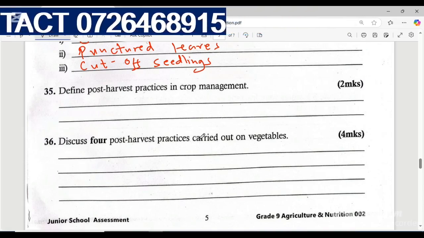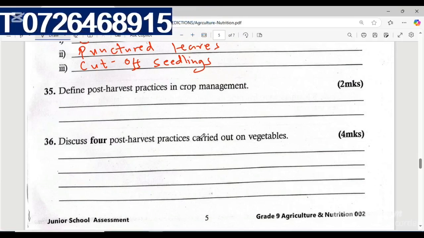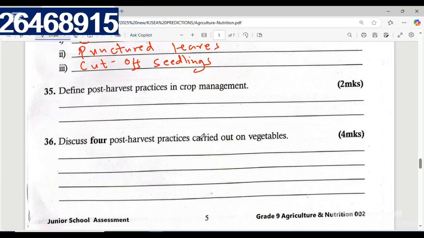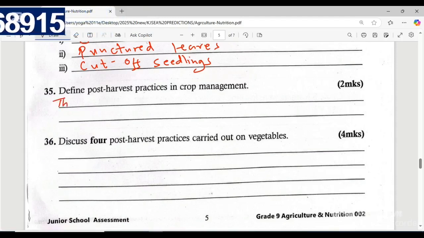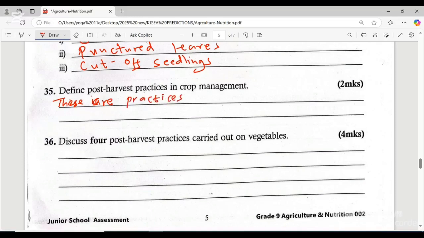These are the practices carried out after harvesting crops to preserve the quality and to prolong the shelf life of harvested crops.